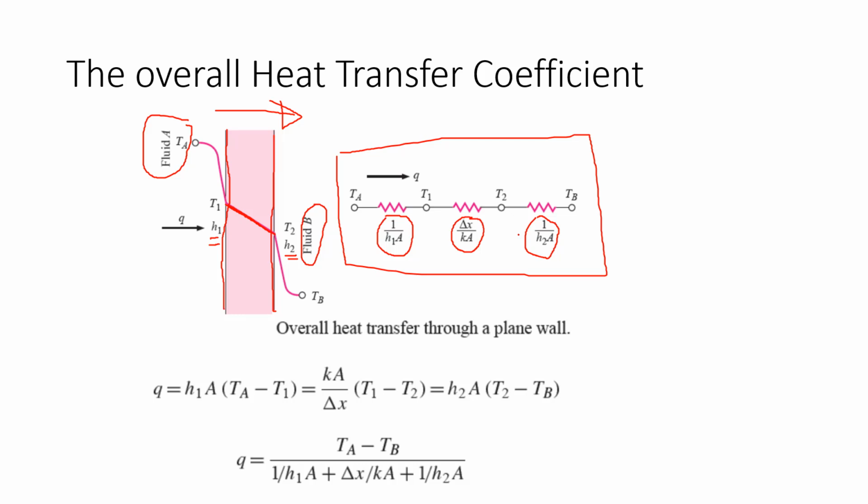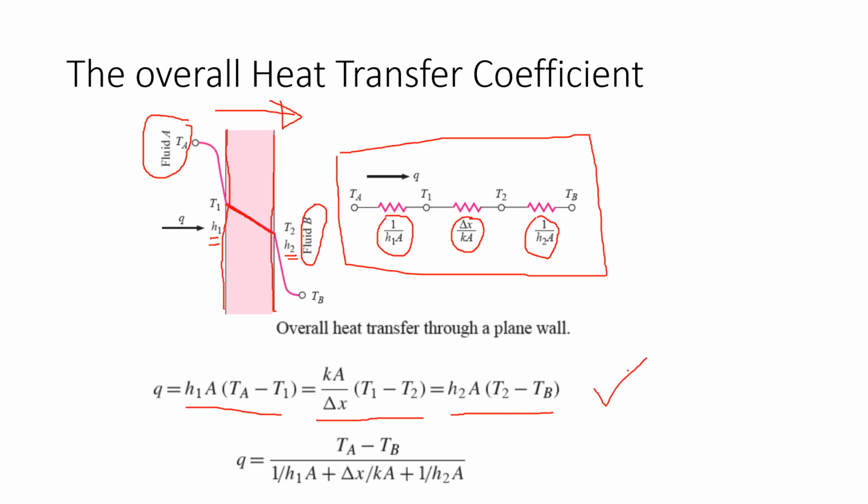Since we are dealing with the steady flow case, so हमारे पास rate of heat convected from this hot fluid is equal to rate of heat conducted through the solid wall, and this is equal to rate of heat convected to fluid B.